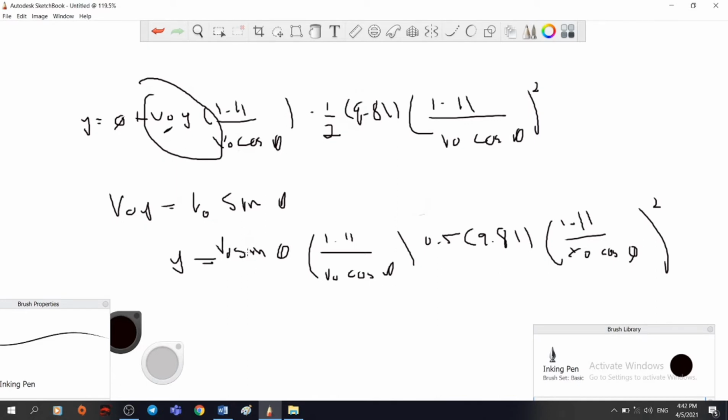As in basic math, we can cancel both of these: sine theta over cos theta equals tan theta.